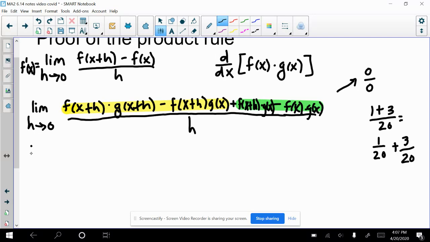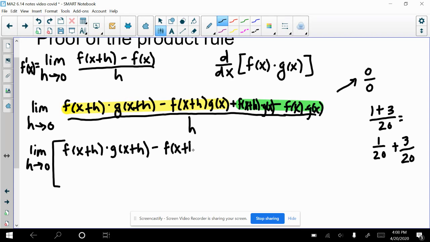So we then have the limit as h approaches 0, and I'm going to deal with all of this. So I'm going to split up my fraction. My first fraction will be f of x plus h times g of x plus h minus f of x plus h times g of x, and this is all over h.